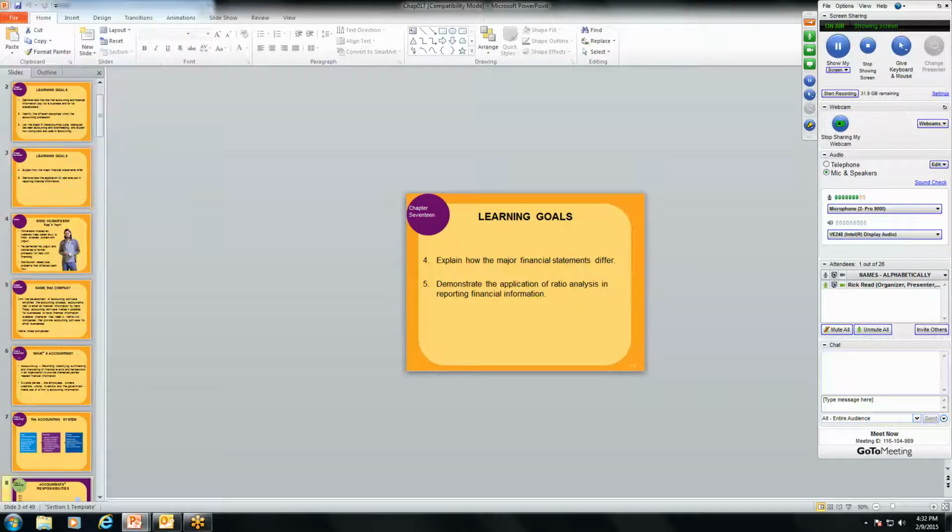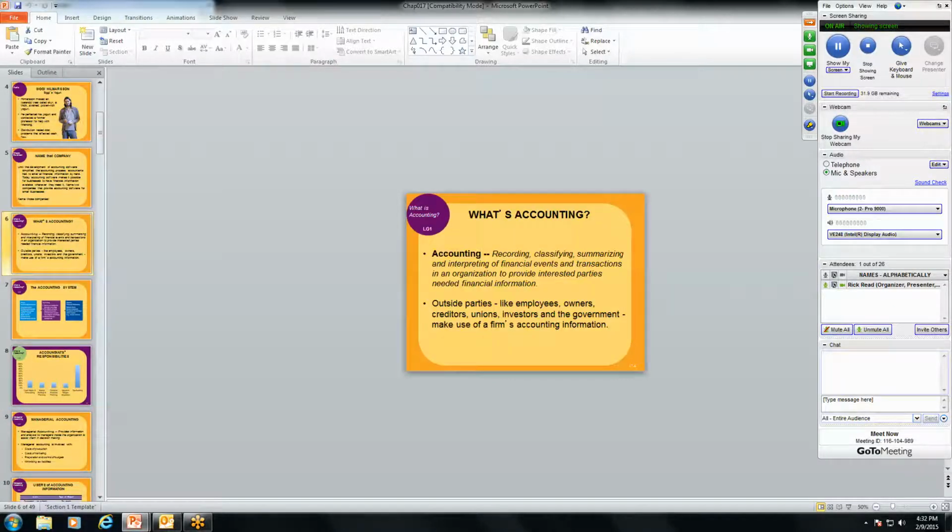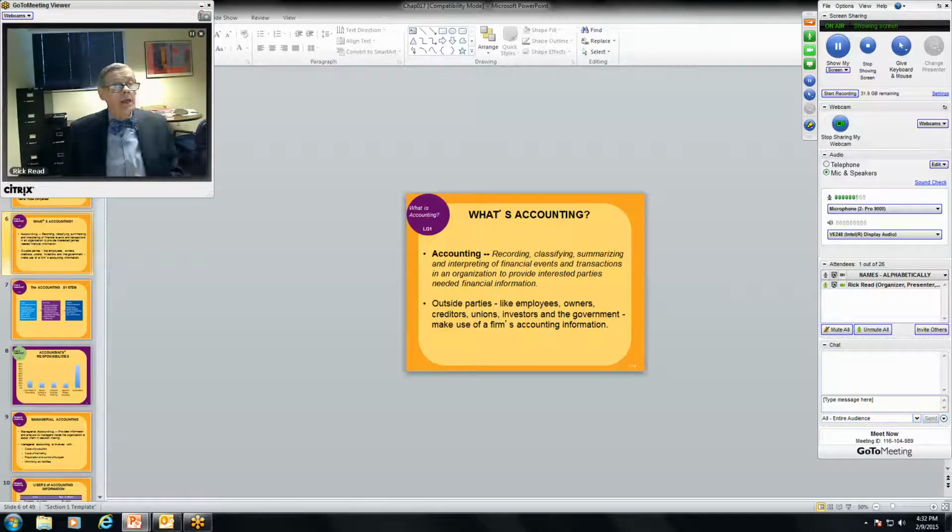So let's begin here with a definition, if you will, of what accounting is. As you can see on the slide, it is doing all the things needed to do with different classifications of money and assets coming into the organization and going out.